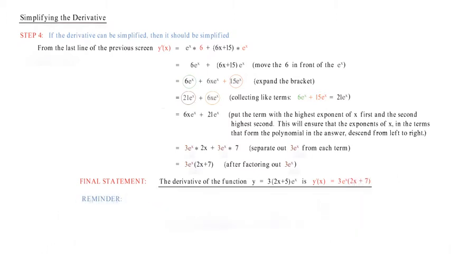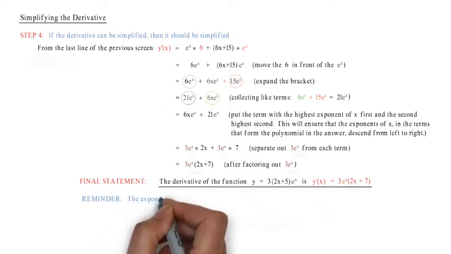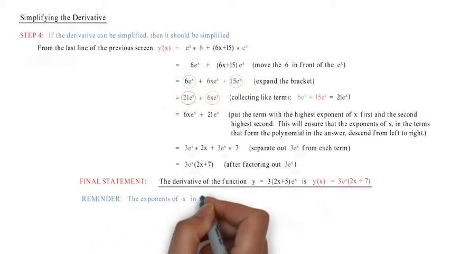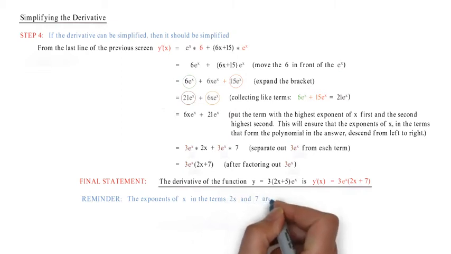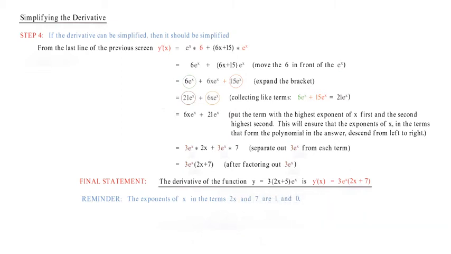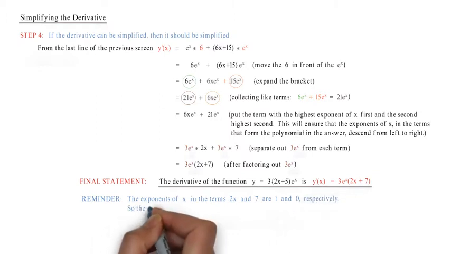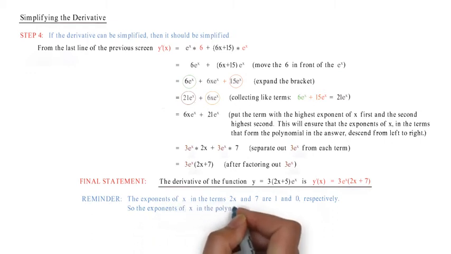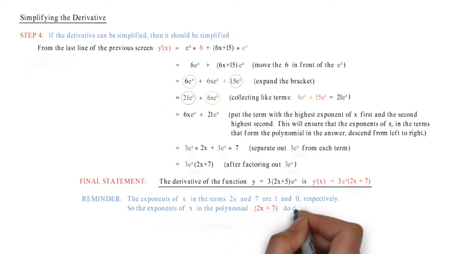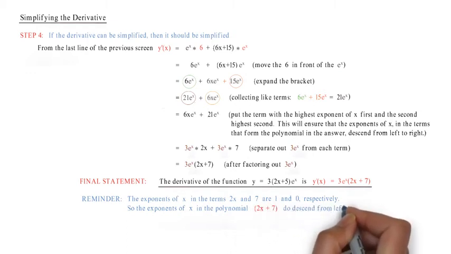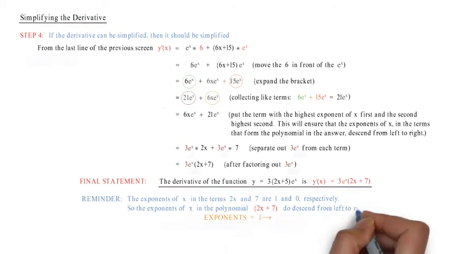Reminder: the exponents of x in the terms 2x and 7 are 1 and 0 respectively. So the exponents of x in the polynomial 2x plus 7 do descend from left to right.